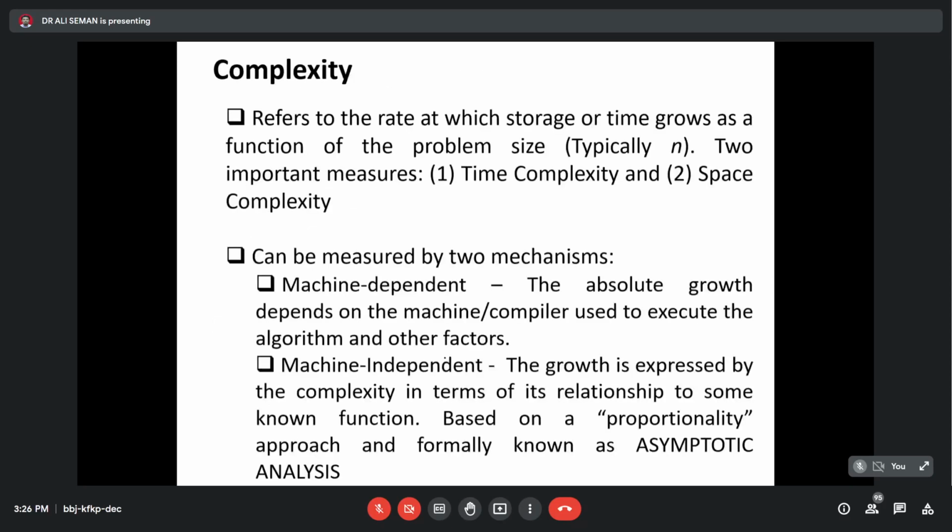Okay. Now, before we move on to the detailed analysis, we need to understand this term called complexity. How complex is it? In general, there's no way to claim that a problem is complex based on the implementation, the source code.